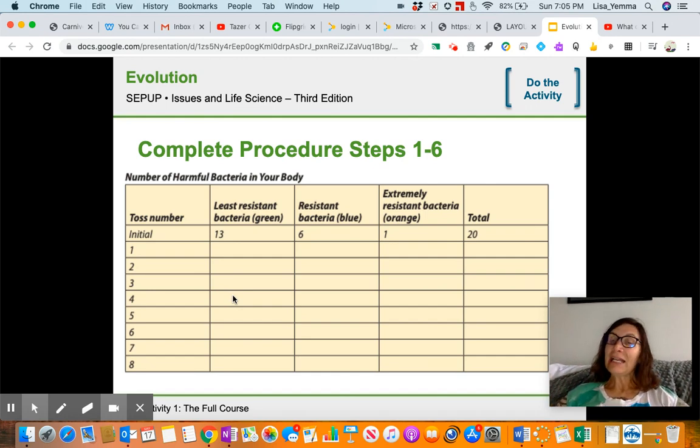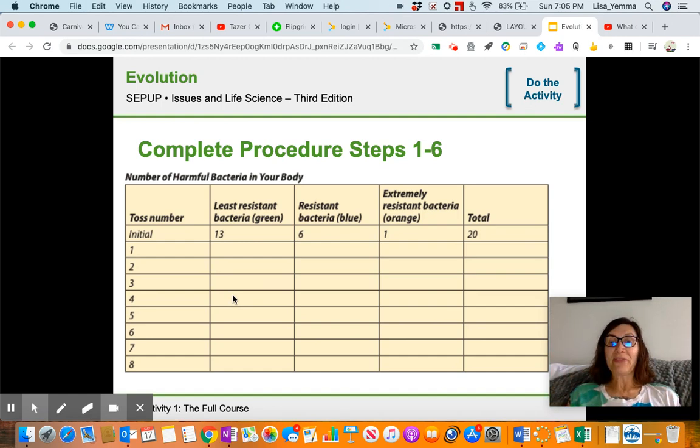The antibiotic is obviously going to start killing the least resistant first. Our goal is to kill all of the bacteria that is causing this infection. Why are there different resistances of a specific bacteria? Well, we're going to watch a short video on that as well.